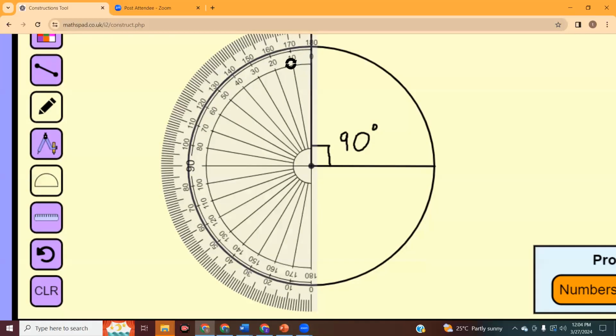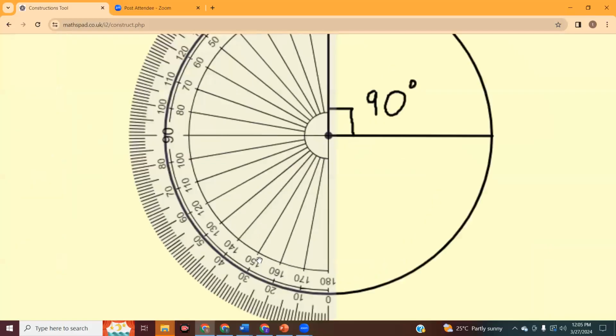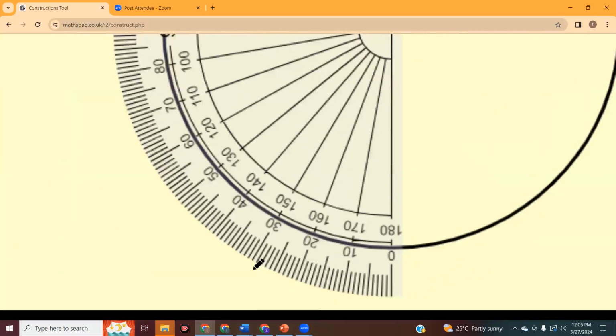So we have 0, 10, 20, 30, 40, 50, 60, 70, 80, 90, 100, 110, 120, 130, 140, 150. And so here we're going to indicate 150. This right here is 150 degrees.